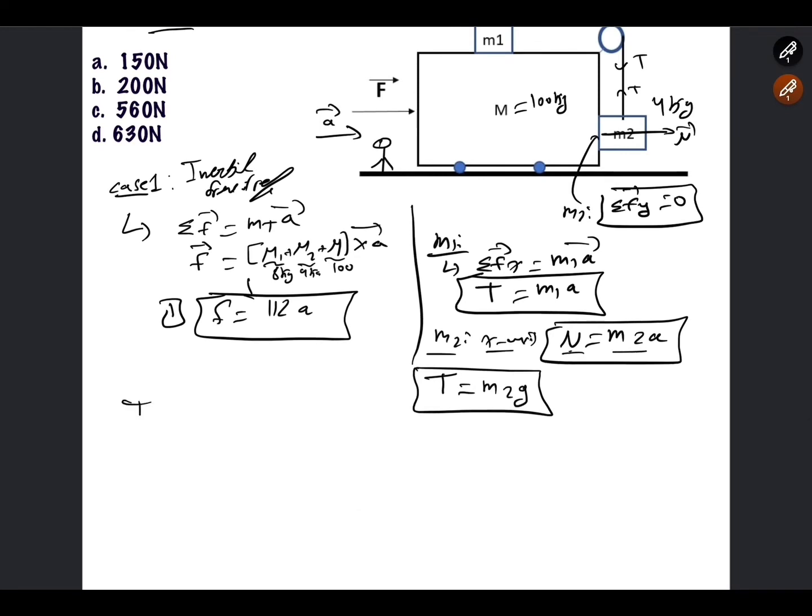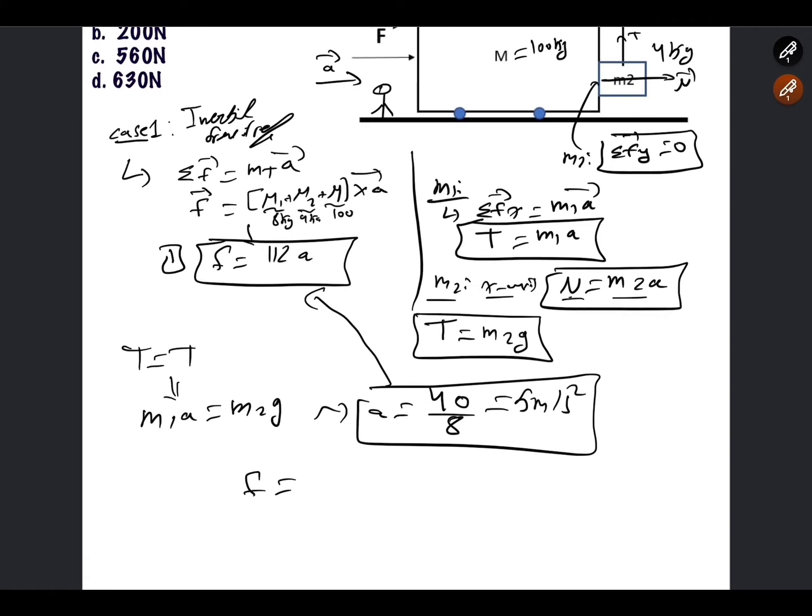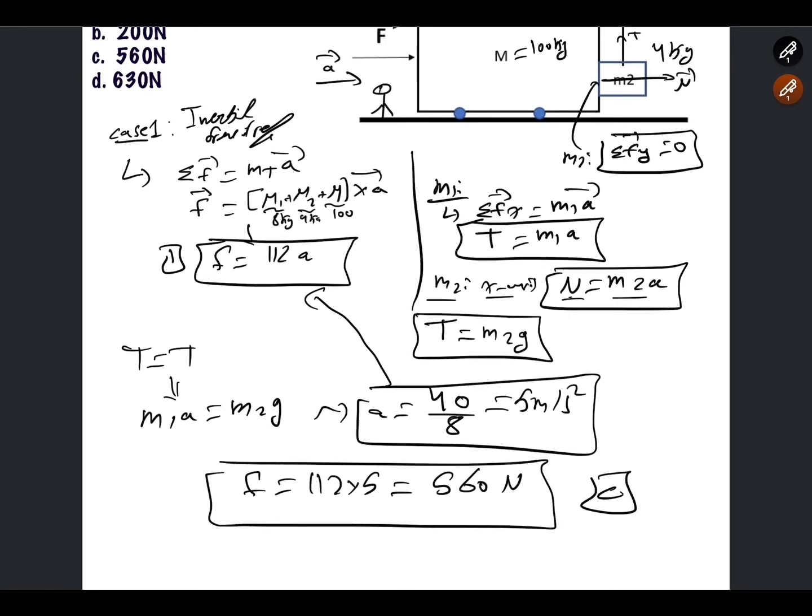Then tension equal to tension, thus M1a equal to M2g. So we get acceleration equal to M2g over M1, which is 40 over 8, equal to 5 meters per second square. Now we apply it here, so we get force F equal to 112 multiplied by 5, equal to 560 Newton. And thus the answer is C.